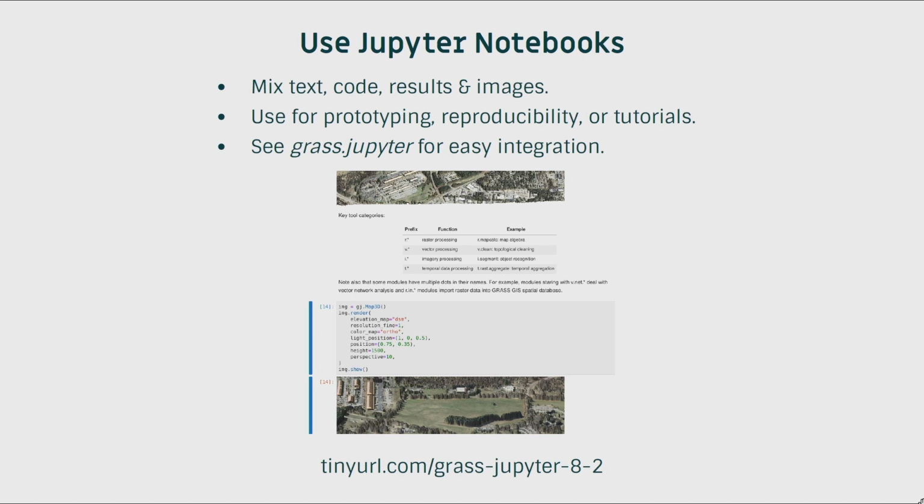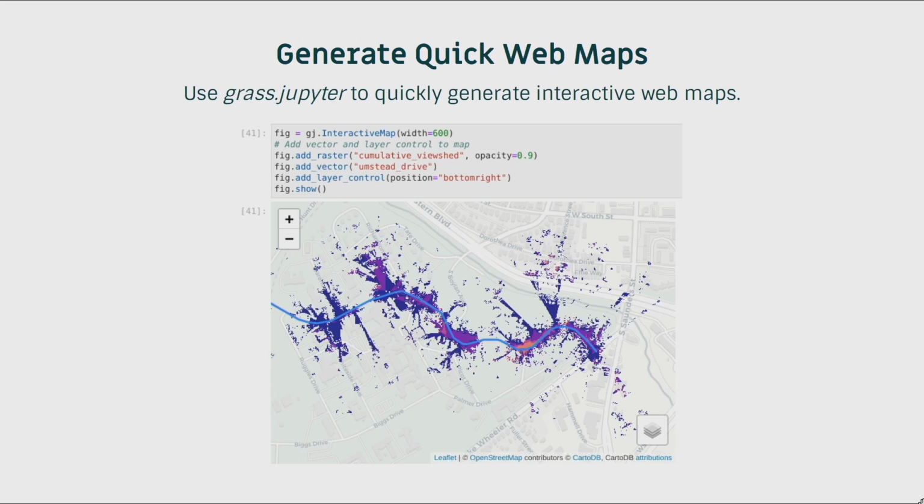And it's really good for prototyping, reproducibility, or creating tutorials or explaining what you did to get the data you have. And the version 8.2 of GRASS GIS has this grass.jupyter package, which makes the integration with Jupyter really seamless.